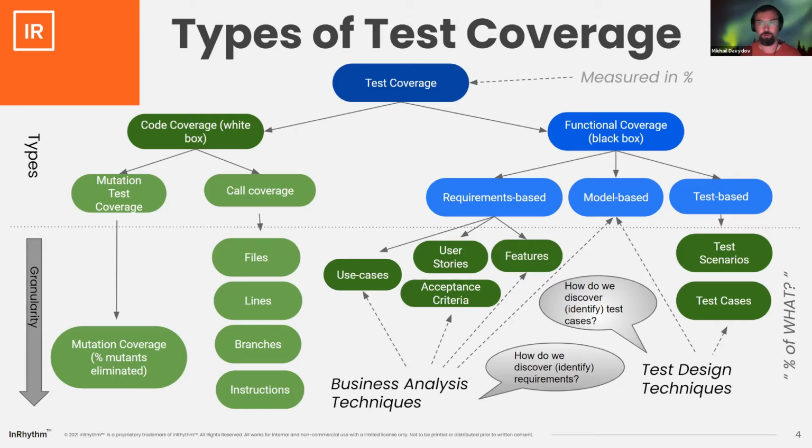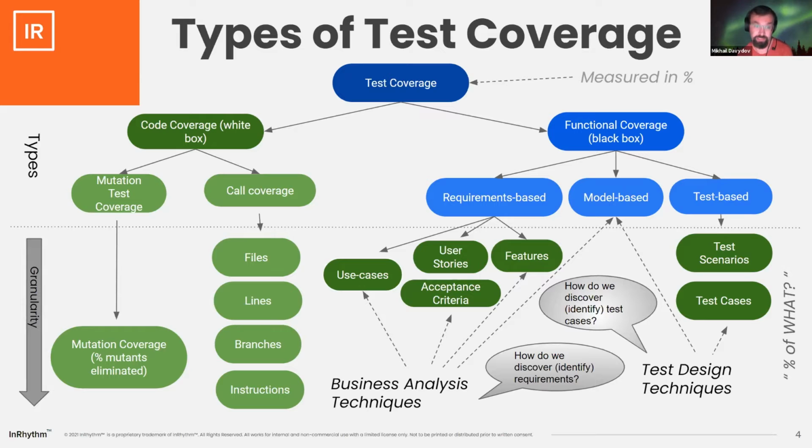For instance, you are replacing the equal sign with not equals, or true with false, or something like that. Then you rerun your tests that are testing this particular functionality, and you see if the tests are failing or passing.